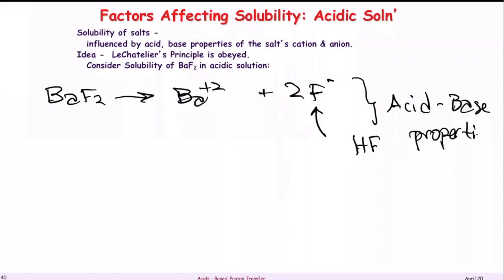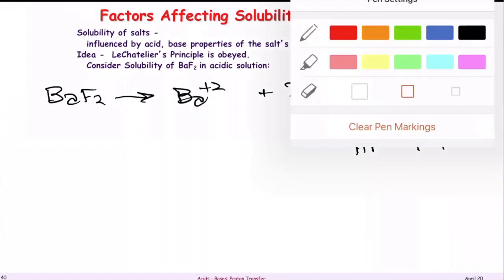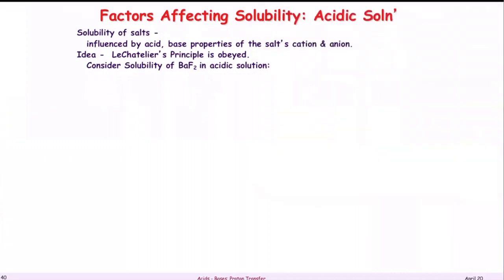Whenever you see a salt, first make sure you know how it dissociates to its cation and anion, and then investigate the ions further to see if it's the conjugate of a weak acid or a weak base. If it's a conjugate of a weak acid or a weak base, then it's going to have acid-base properties. This is the reaction that I just showed you.